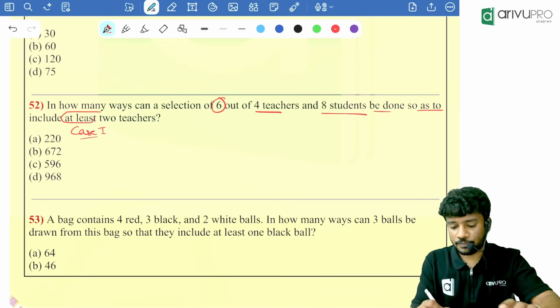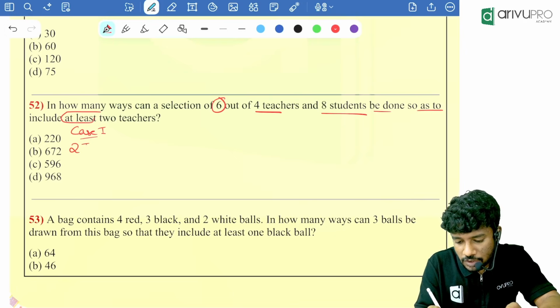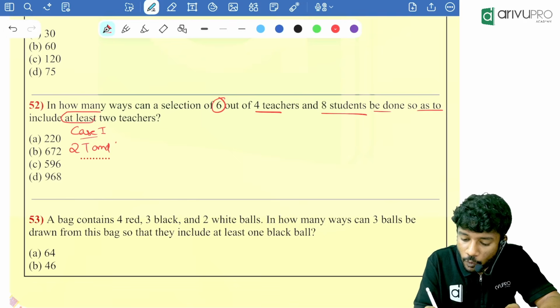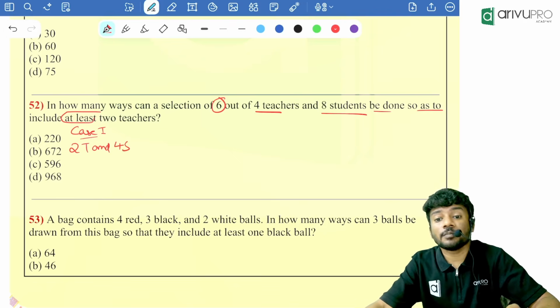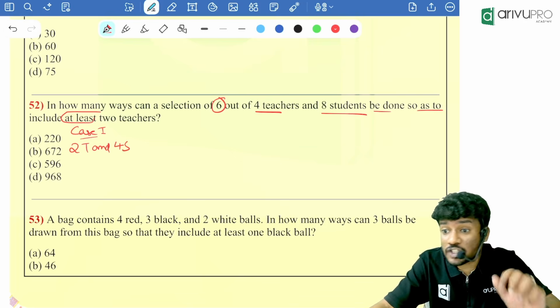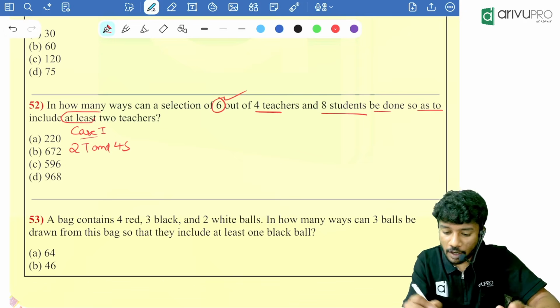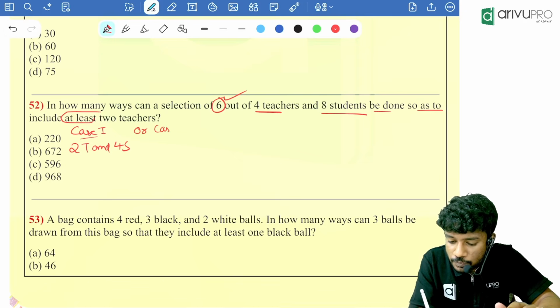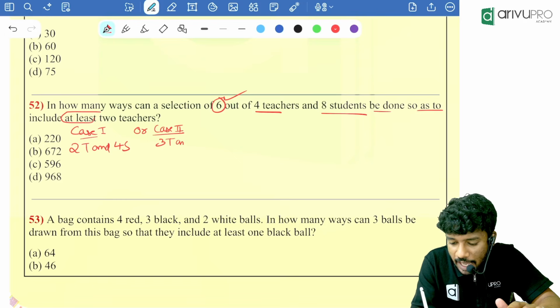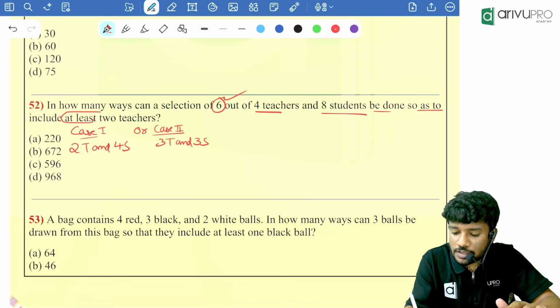So case 1: 2 teachers and how many students? 4 students. Why? Because in total we require 6 people. Or case 2. Can anyone tell me case 2? 3 teachers and 3 students.